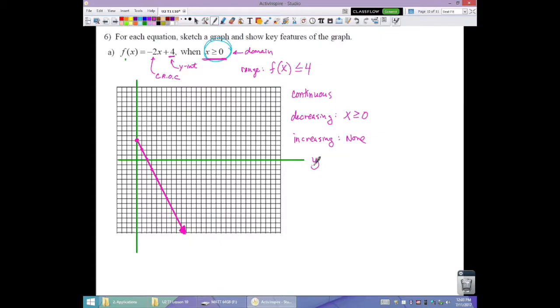There is a y-intercept, I already indicated, at 4. There is an x-intercept at 2. There is a maximum value of 4. There is no minimum because it continues to decrease even after we run out of space to graph here.